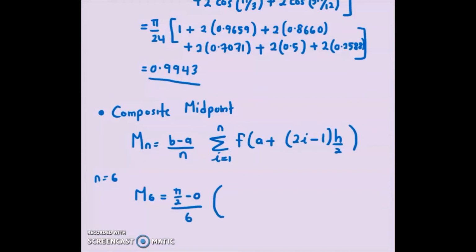Now the summation here, let's find it. When i is 1, we have f of a, which is 0, plus, 2 minus 1 is 1, so we have h over 2. What is h?